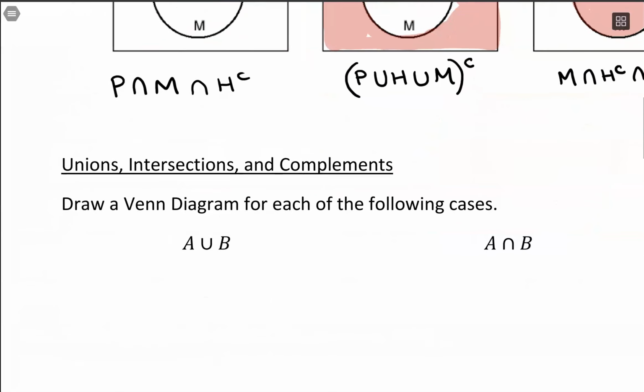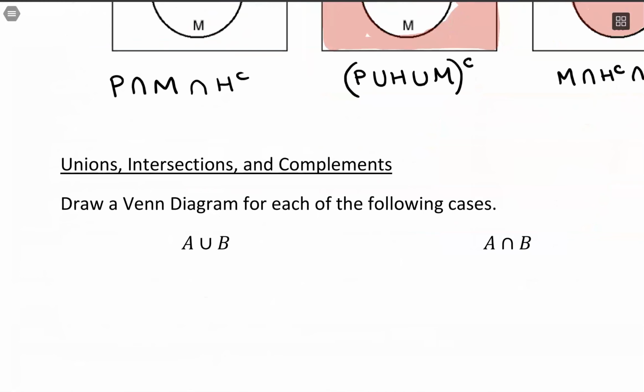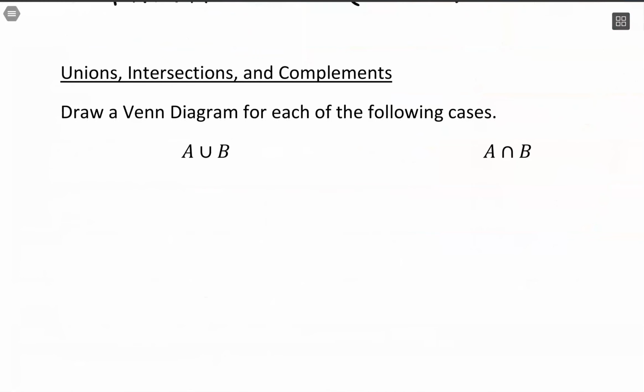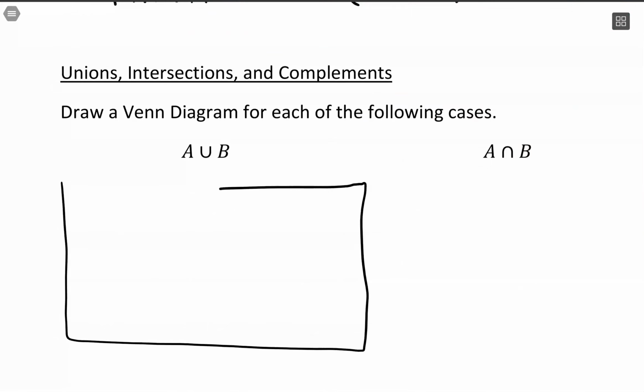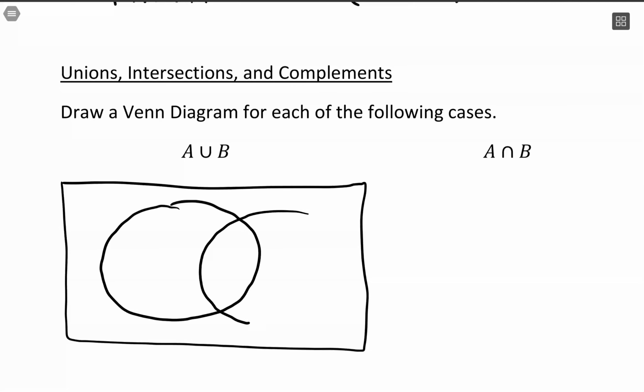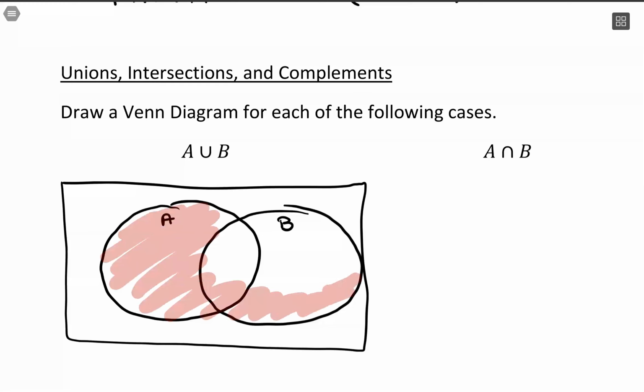Alright, so let's go back to simpler cases of just 2 sets and see how these shaded areas come up. So for unions, with union saying one thing or the other or both, it ends up shading in a large area typically. So if we have our 2 circles, if I wanted the union, we'd want just A, or just B, or both.